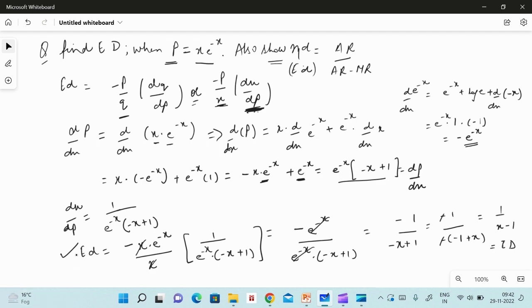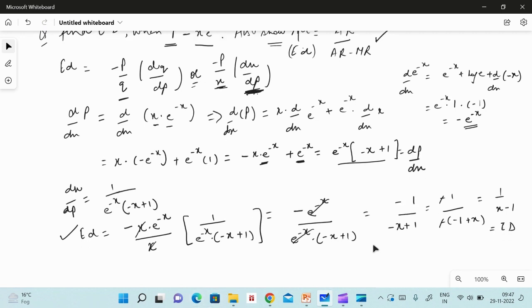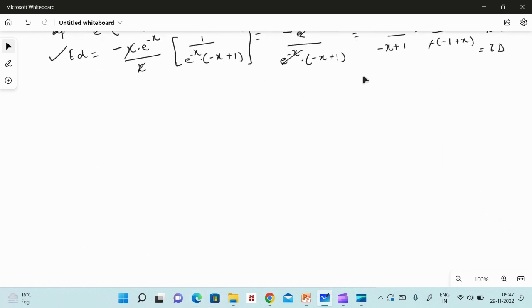Now moving toward the second part, we have to prove that elasticity of demand is equal to AR upon AR minus MR. So for this, first of all, we have to calculate the average revenue, and we all know that average revenue is equal to price, and the value of price here is x into e power minus x.